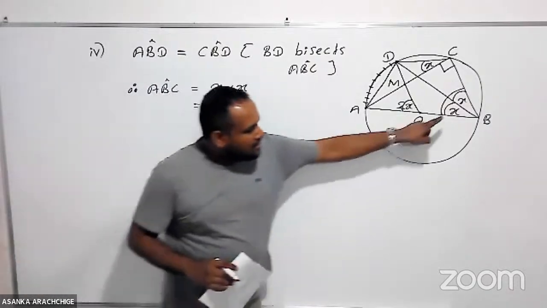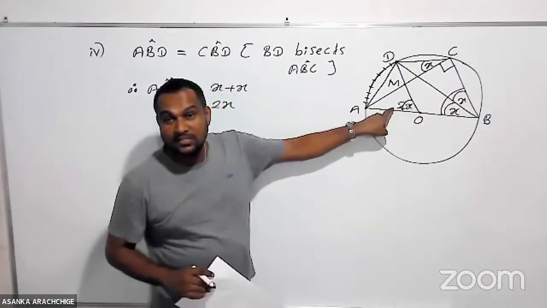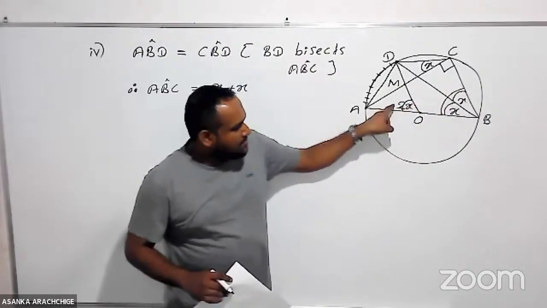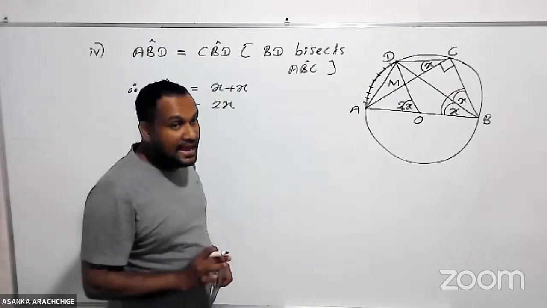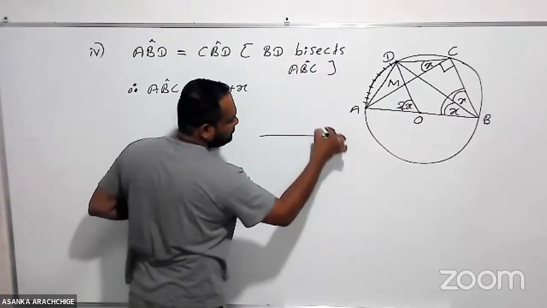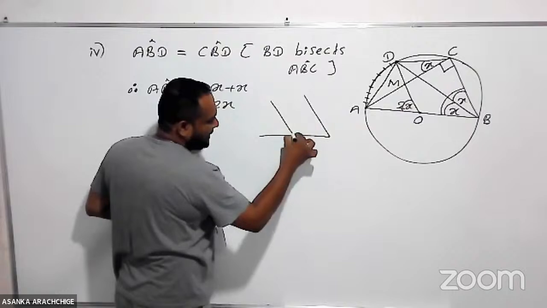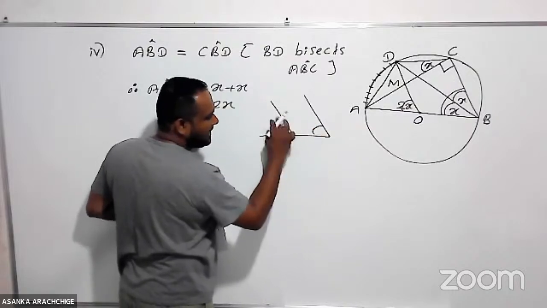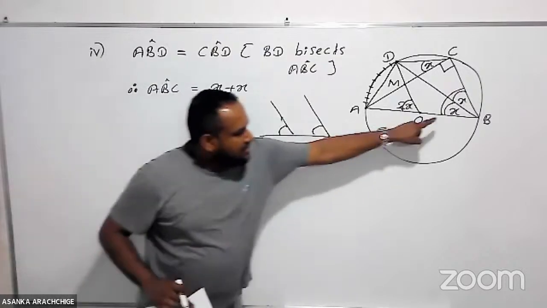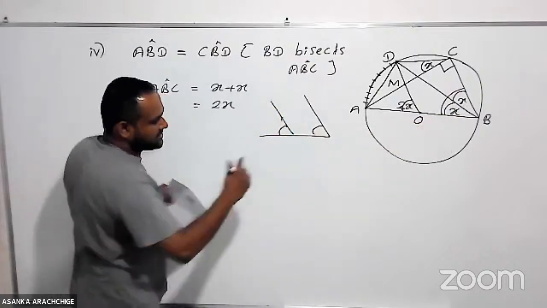Now look, this is 2x, so is this. But in the shape, tell me, what pair of angles are they? This angle and this angle. This is 2x, so is this.